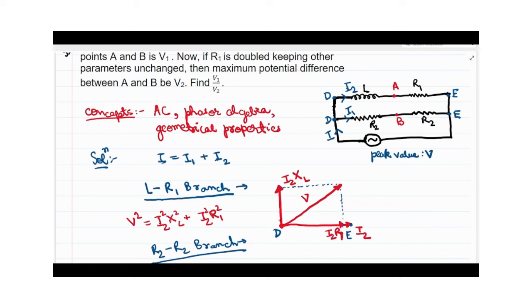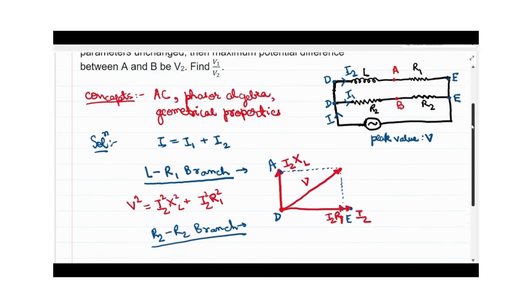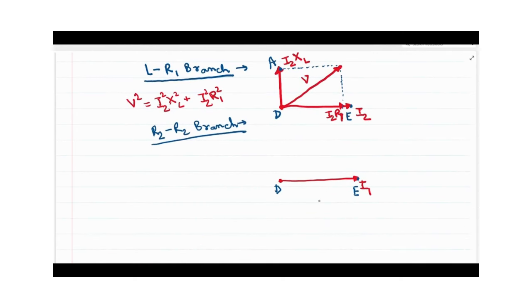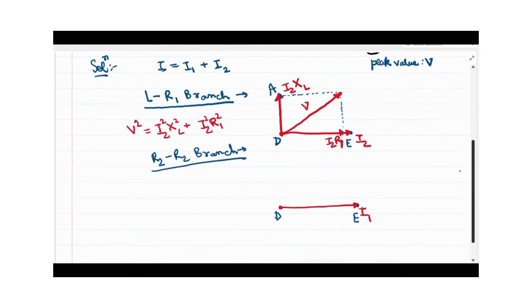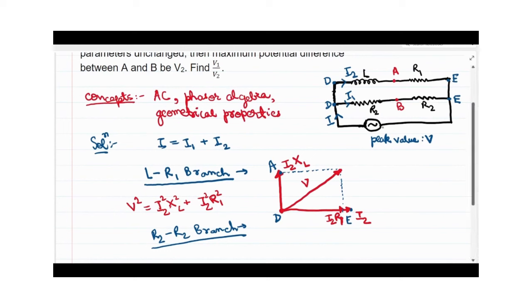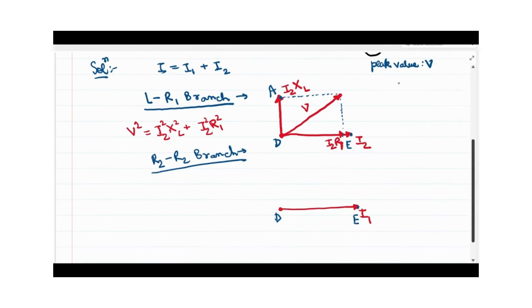So if this point is D, then this point must be A. Now, in the second branch, with the reference phasor between D and E being I1, from D to B the potential difference is across R2, and we know that the voltage phasor would be in the same phase as the current phasor because it is a resistance. So point B would be somewhere here.